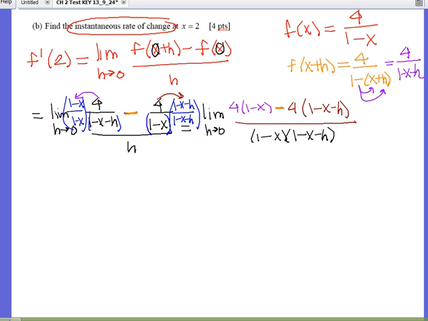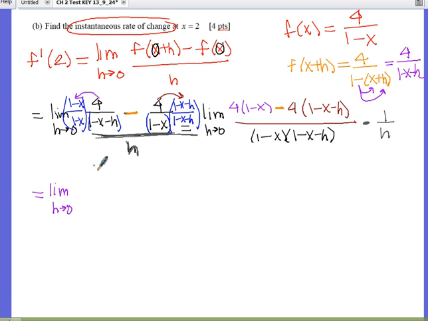And then the last part here, I'll do that in gray, is this big old divided by h. Instead of writing it as divided by h, we're going to multiply by the reciprocal instead, which is 1 over h.